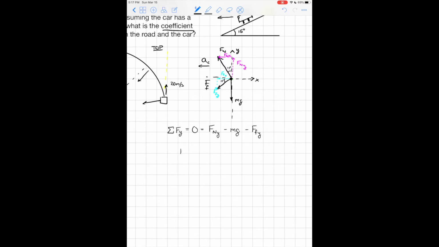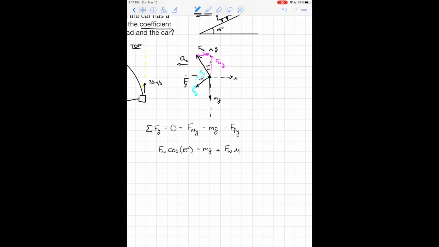I can say that Fn, the magnitude of the normal force, times cosine 15 degrees is going to be equal to then our mg plus Fn mu times sine of 15 degrees.